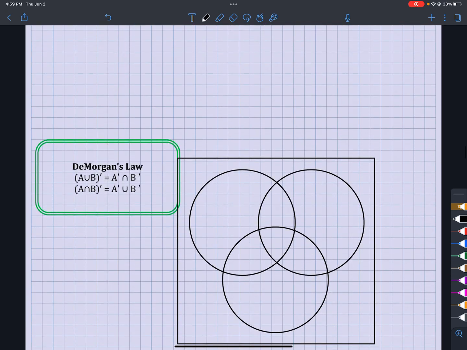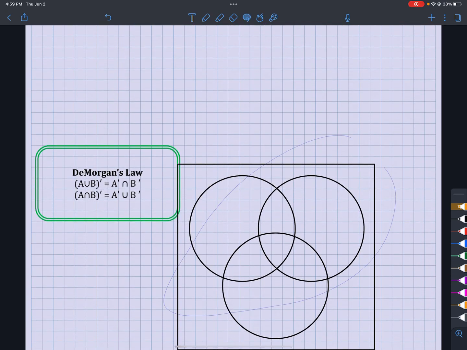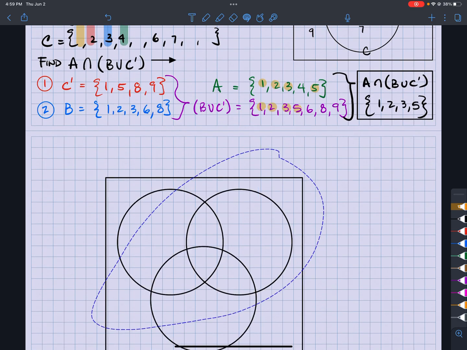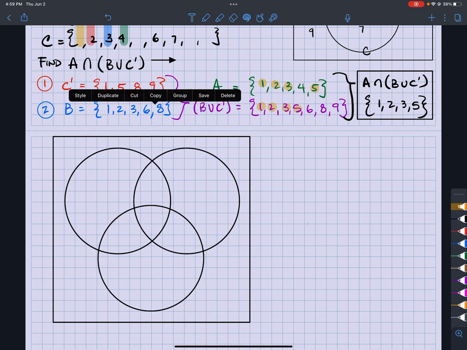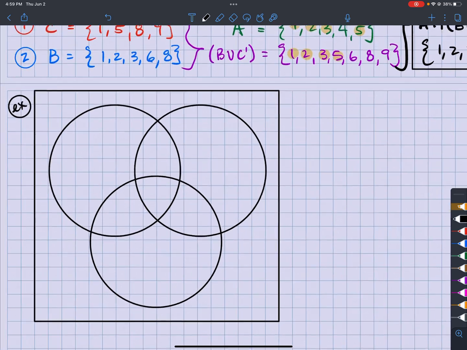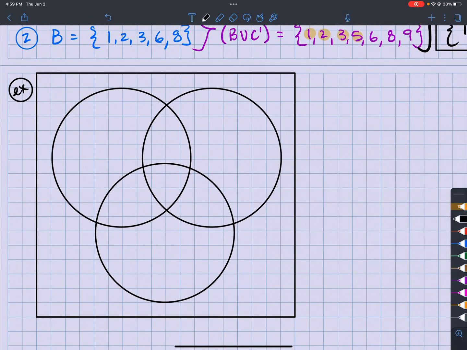I need another one of these. Okay, so I have an example here, and the example is letting me know that this is A, this is B, and this is C. What it's going to give me is the cardinal number of each of the different regions.